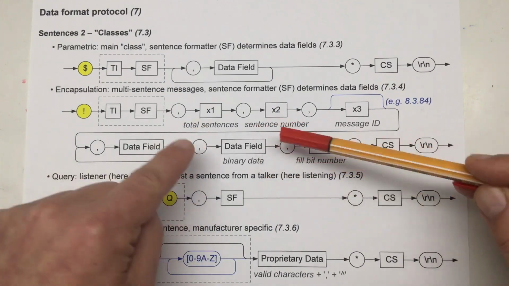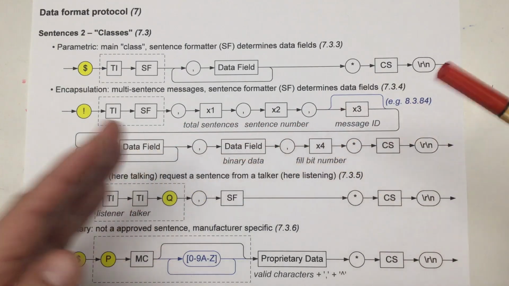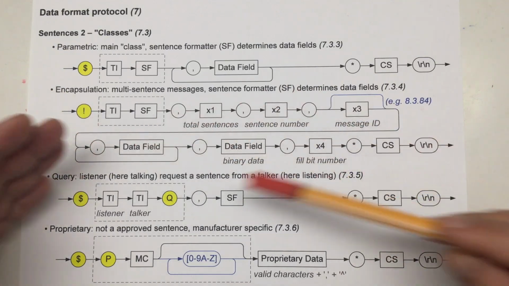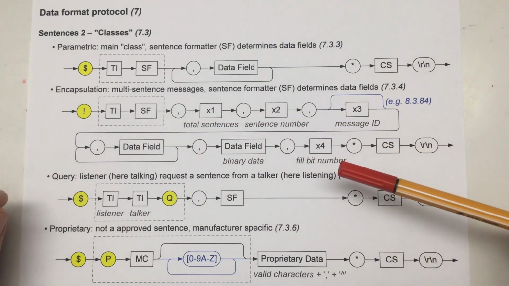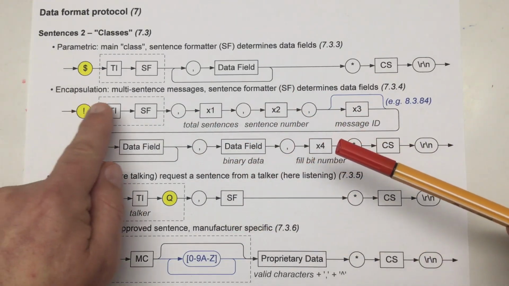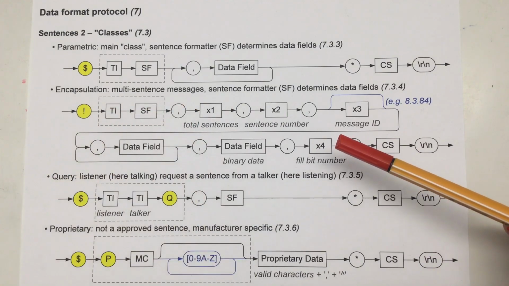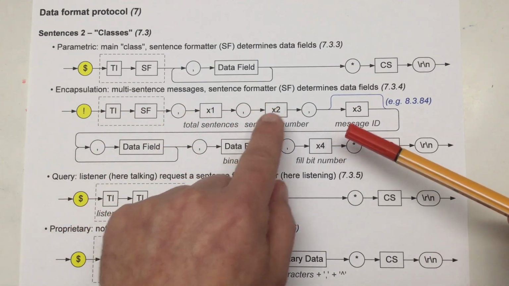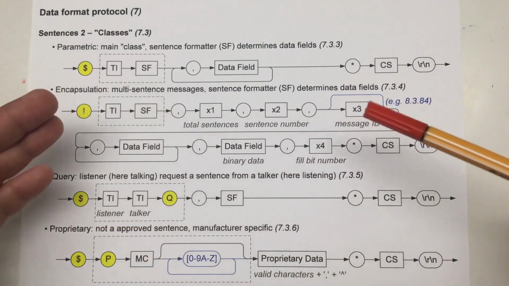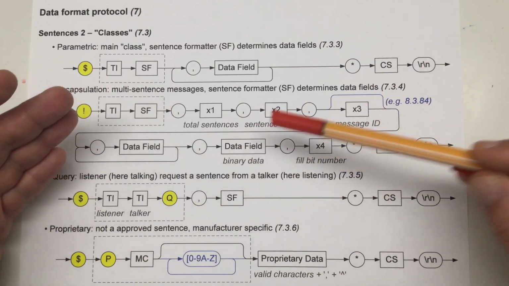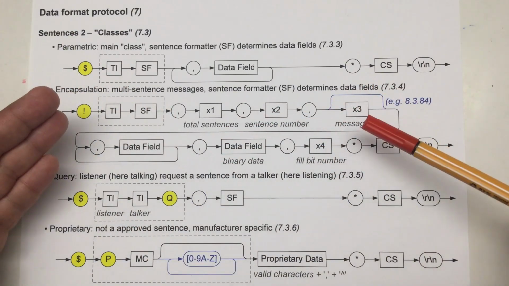So you break up that binary data into several packages which you transfer in multiple sentences. So we're talking here about a multi-sentence message. The sentence formatter in the address field again determines what binary data you are transferring.